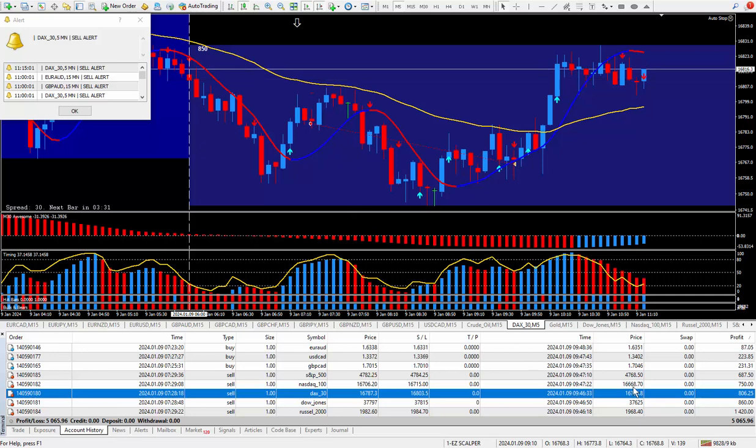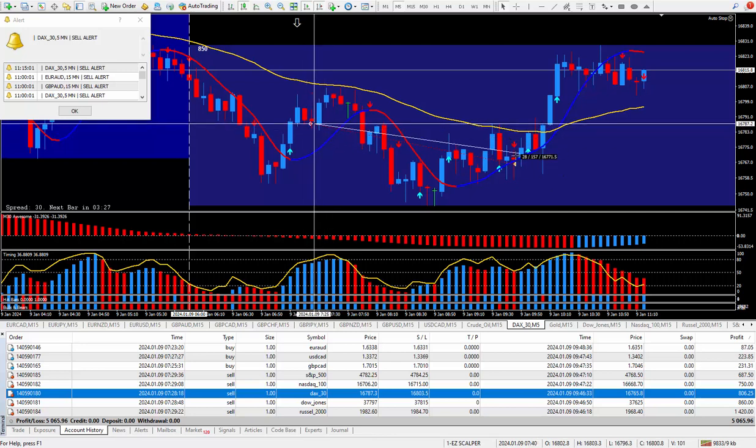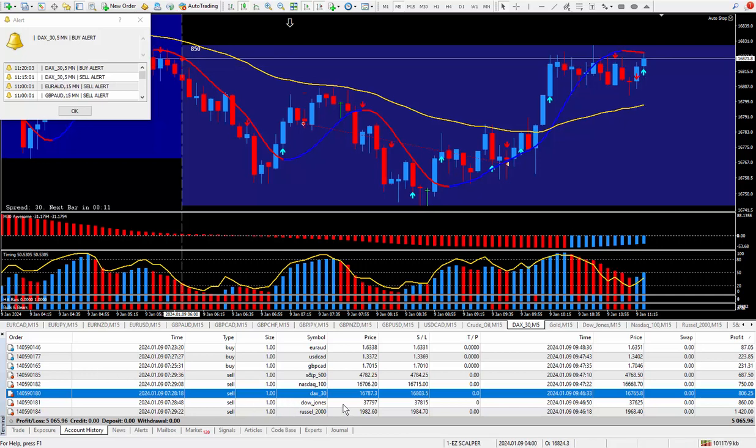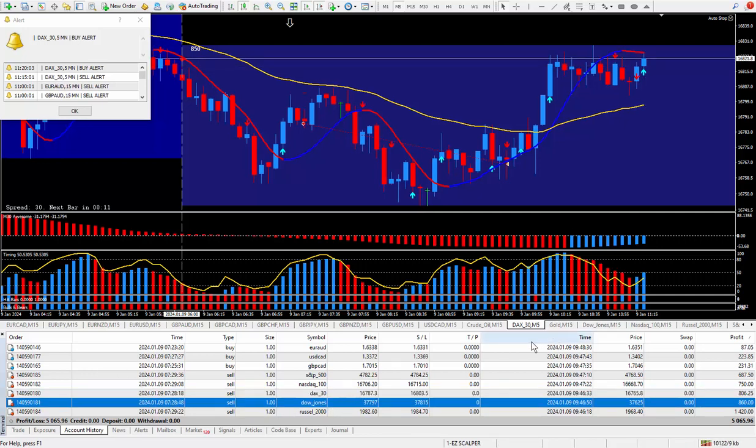So I took the money, divided by 3.75, and the calculator says it should be 215 ticks. So let's see if I can find that. 215. That's as close as I'm going to be able to get, but it is 215 ticks, and that paid out $806.